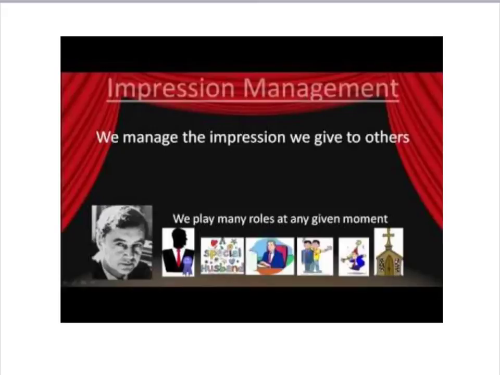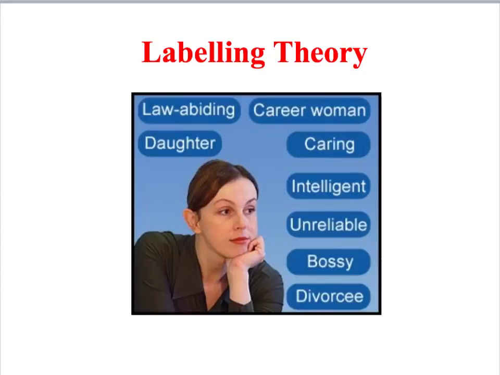And the aim of social interaction, Goffman argued, is to carry off a convincing performance of the particular role that we've adopted, just as the actor aims to persuade the audience that he really is a particular character.